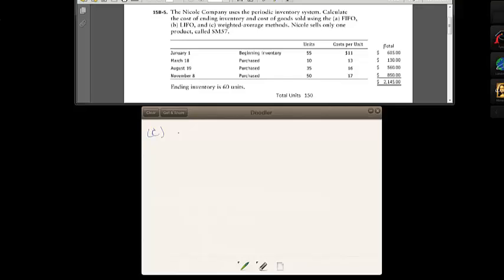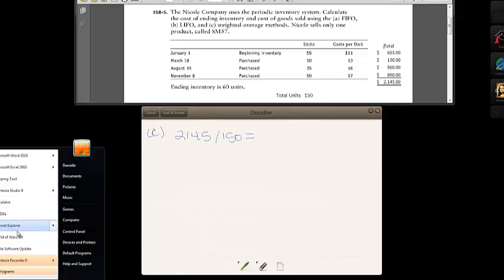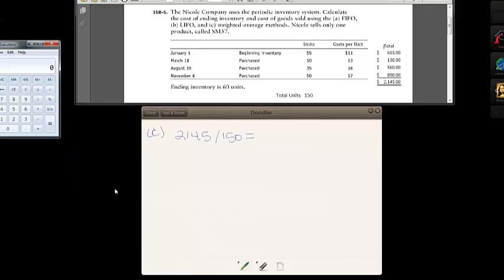So the cost of goods available for sale is $2,145 divided by the total units available for sale of 150, and I'm going to plug that into my calculator here. $14.30.